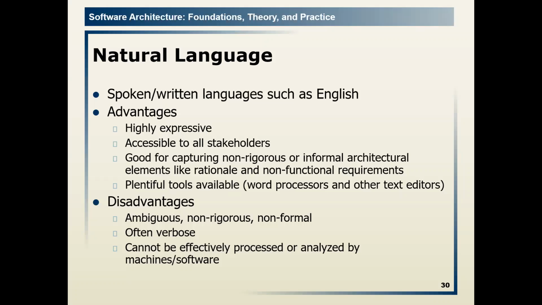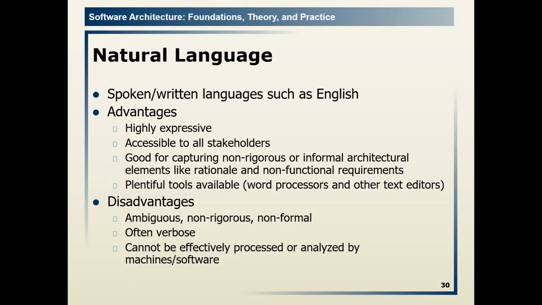So if you get litigated, if the client takes you to court for not complying with their requirements, the software company will not be able to show the natural language descriptions of the architecture as part of the legal documents. And it is often verbose. Verbose means a lot of words are used, right? If you take the natural language model, it might span a few pages.